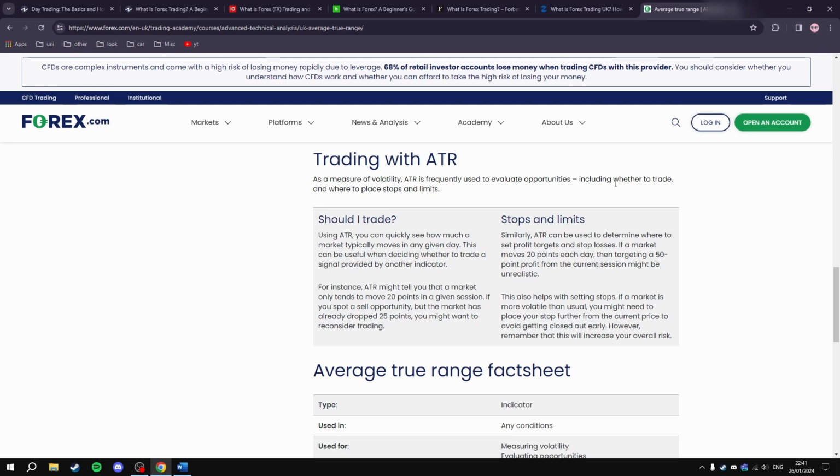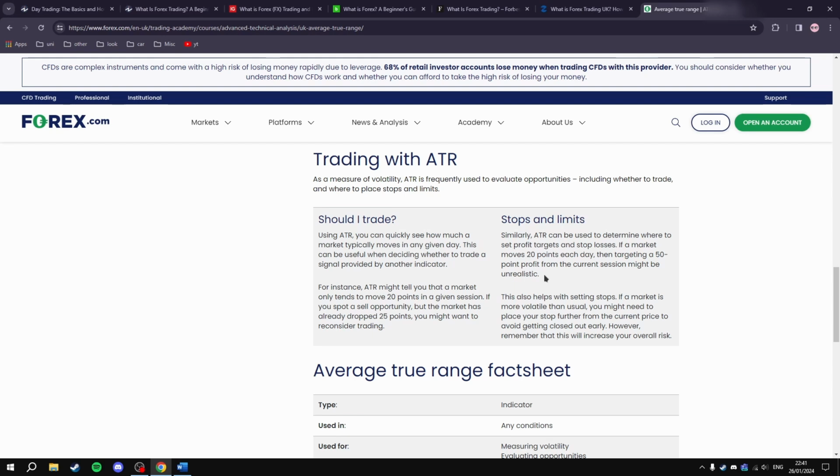So if you're using another indicator, then you can use this ATR alongside that to see whether that opportunity is actually worth trading, because you can see how quickly the market moves. So I think that's what it means.